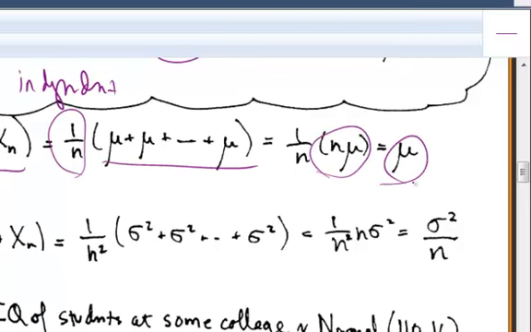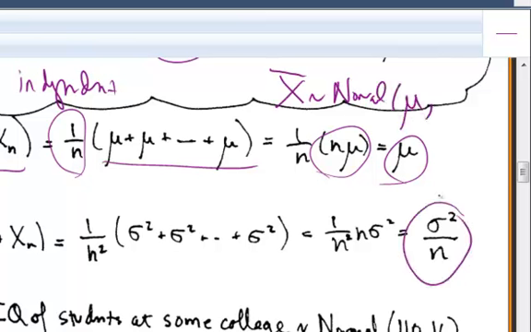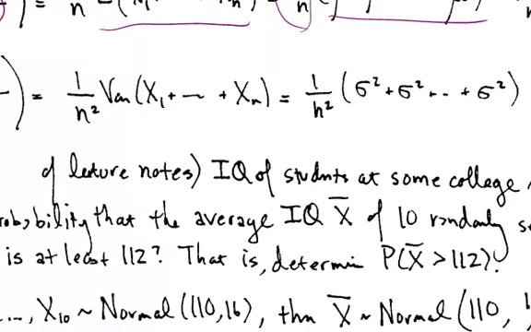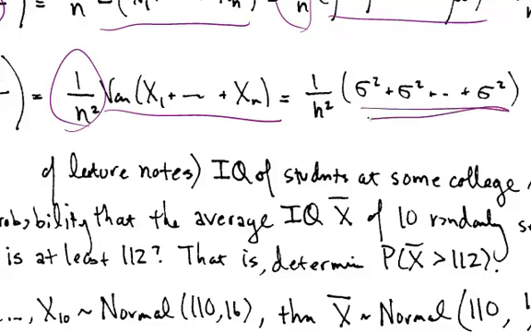So when you add a bunch of random variables, the distribution of x bar is going to be normal. The mean will stay the same, and the standard deviation, remember, got smaller. The standard deviation is sigma divided by the square root of n, because this is the variance. With variance, again, if these are independent, the constant comes out front squared, and then I can take the variance of the sum, which is the sum of these variances.